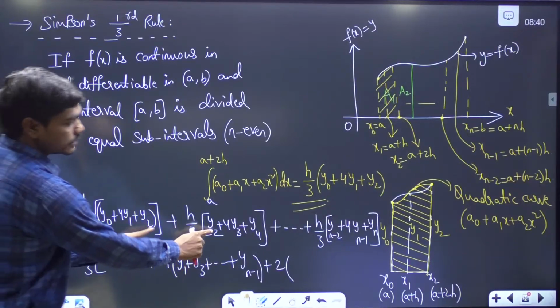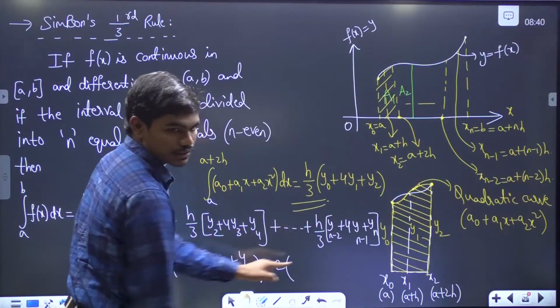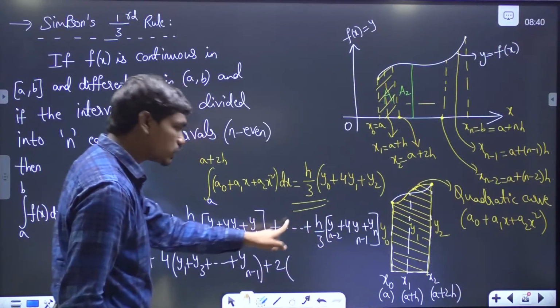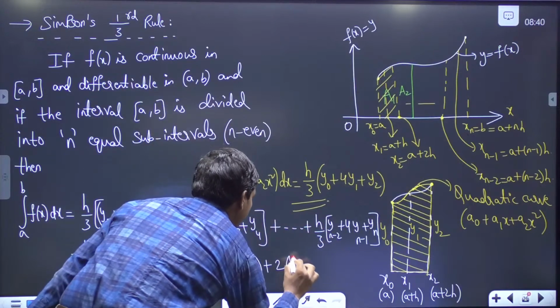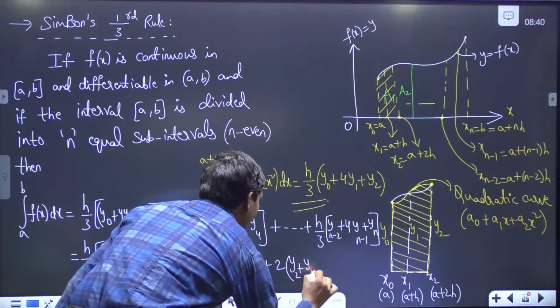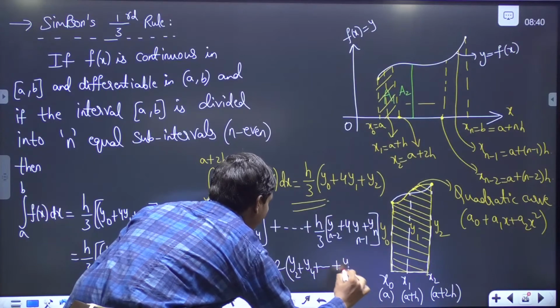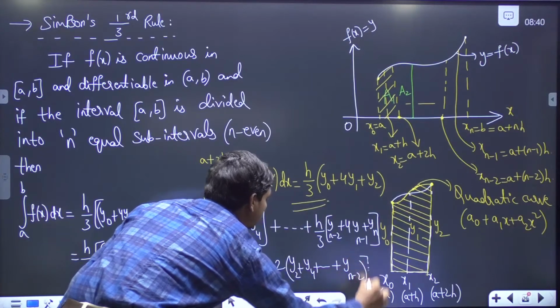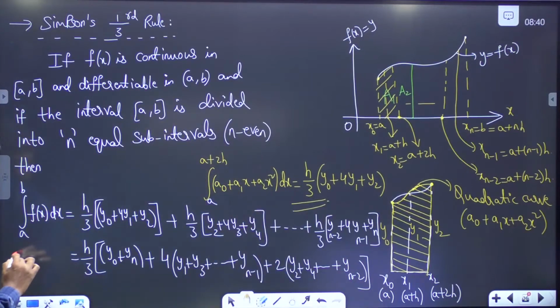Y2 is here, and again it's here. Y4 is here, and again it will be here. Similarly, this yn minus 2 which is here will also appear in the previous step. So you have y2 plus y4 and so on plus yn minus 2. This is what you have for the integration formula, integral a to b f of x dx, which if you want, you can put under a box.